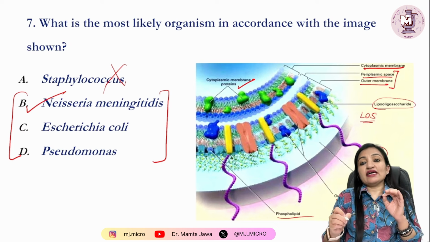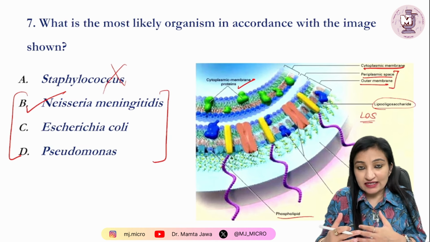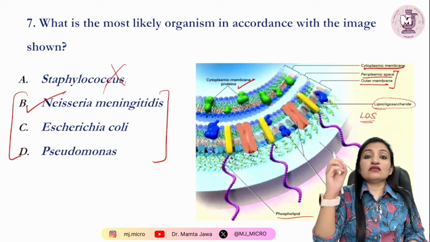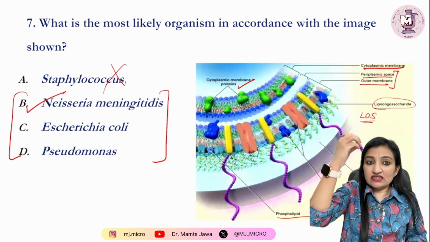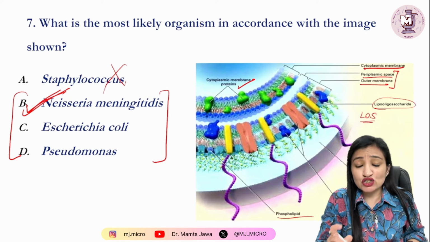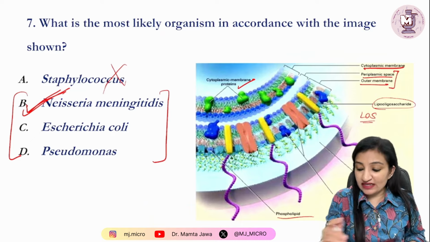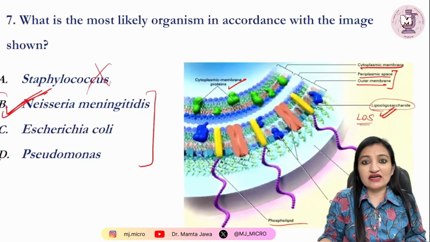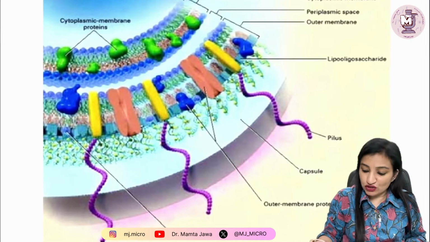Now, lipooligosaccharide is nothing but endotoxin. Endotoxin का यूजुअल पर्यायवाची क्या होता है, लाइपोपॉलीसैकेराइड। ठीक है, तो E. coli और Pseudomonas में लाइपोपॉलीसैकेराइड होता है, Neisseria में क्या होता है, the endotoxin का जो आउटर पॉलीसैकेराइड वाला पार्ट होता है ना, that is smaller, that is why it is referred to as oligosaccharide. तो यहाँ पे आंसर क्या है, Neisseria meningitidis, not just in Neisseria meningitidis, in Neisseria gonorrhoeae that is gonococcus also lipo-oligosaccharide is present. So this is the biggest clincher for our answer, lipo-oligosaccharide mentioned in this question. ठीक है, तो ये this is the bigger view of the picture.